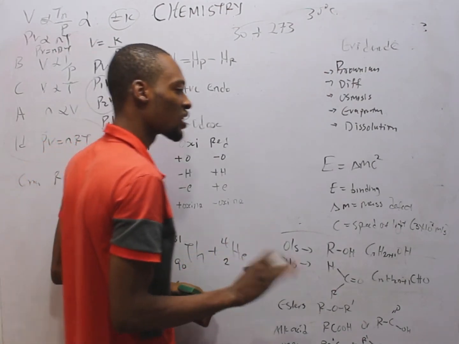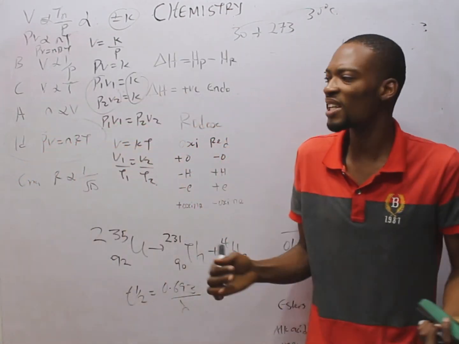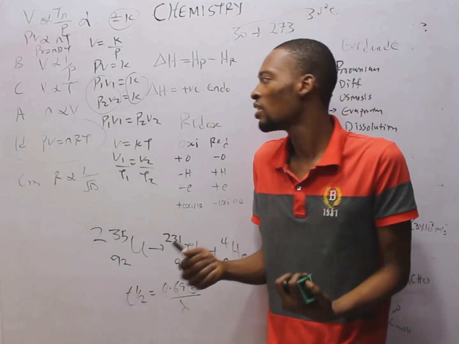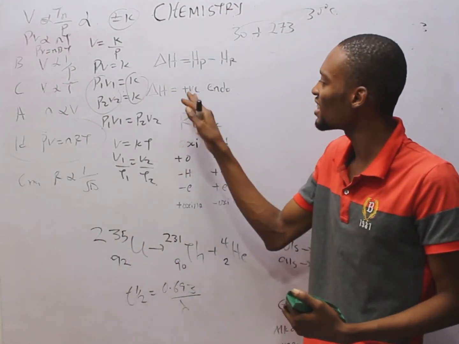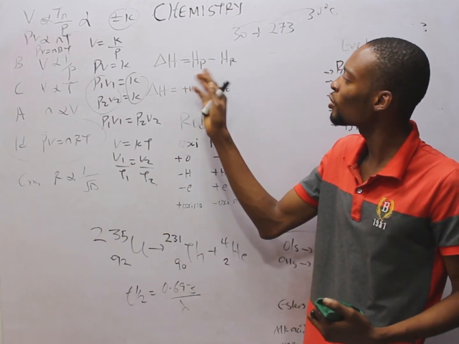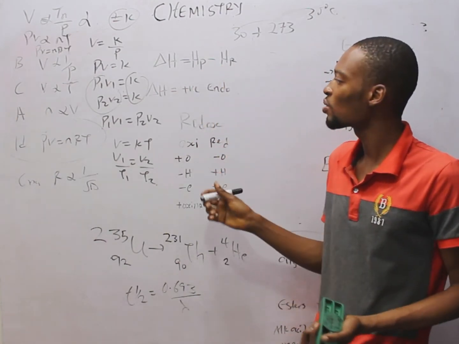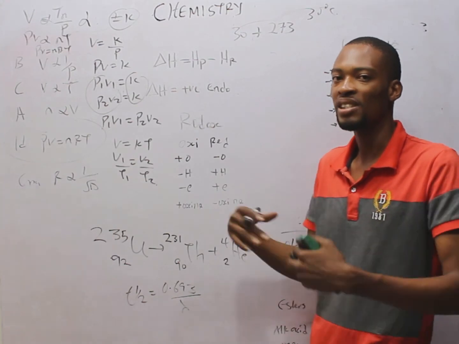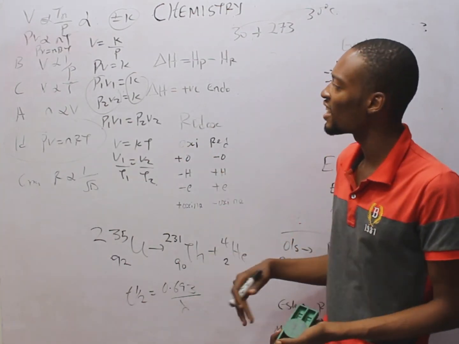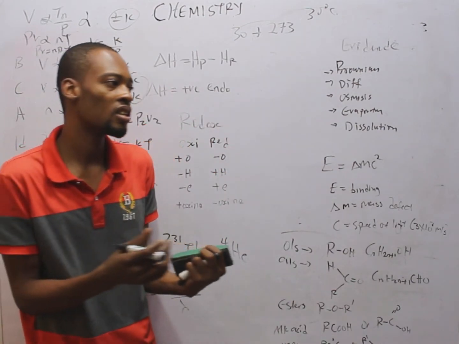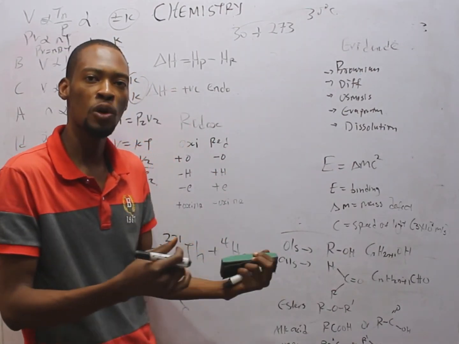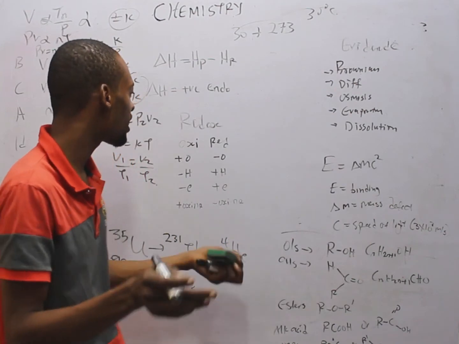This implies that after the reaction, the product is very hot; it has absorbed heat, so it is an endothermic reaction. Meanwhile, when delta H is negative, the heat of the product is lesser than that of the reactant, so it is an exothermic reaction. Heat is given off, and the reaction vessel gets warm because heat is given off to the surroundings.